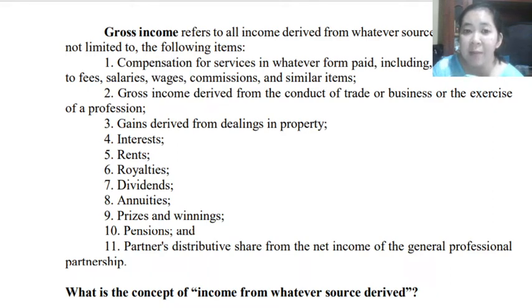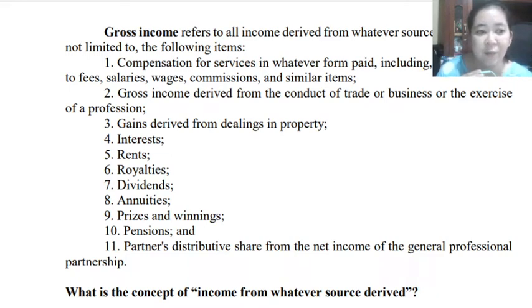So in number 11, this is just like the dividend, but dividend is in the case of a corporation, while in number 11, this is for the share of your income from a partnership. So these are the different sources of income aside from those we've mentioned before. All of these are subject to tax.